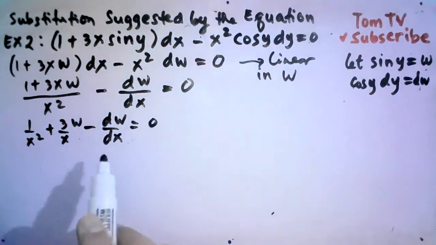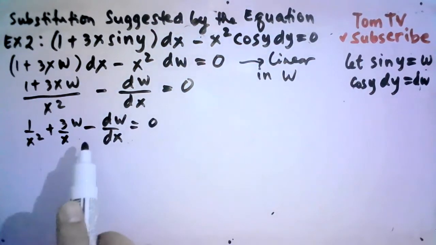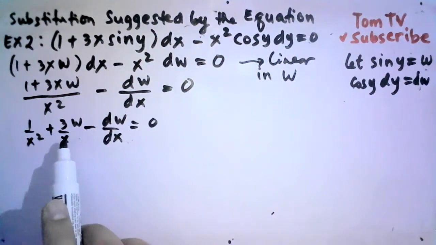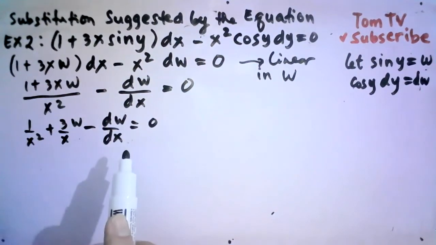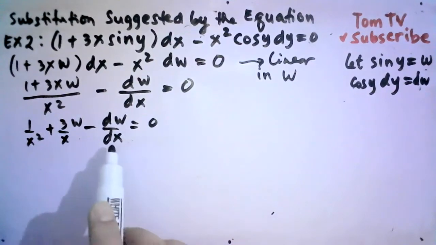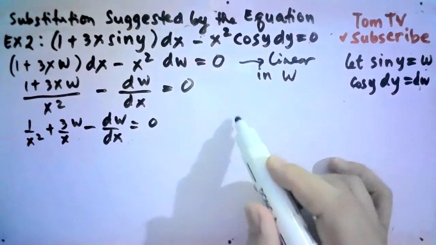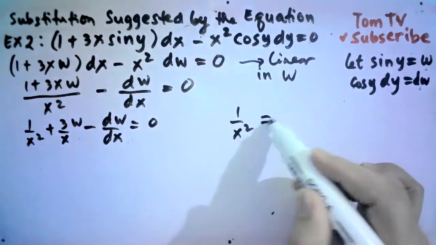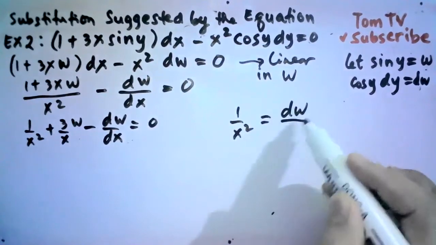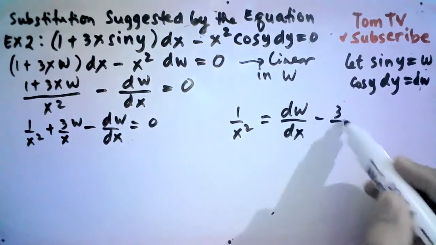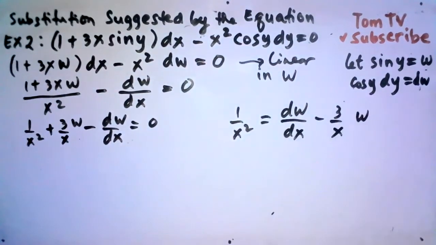And then by rearranging this, I will transfer this one to the other side, that becomes positive, and this one will become negative. So by transposing, we have 1 over x squared, which is equivalent to dw over dx minus 3 over x w.